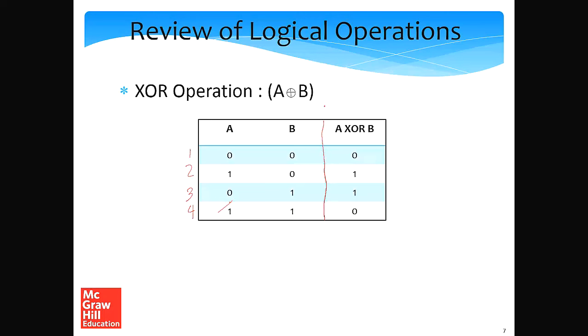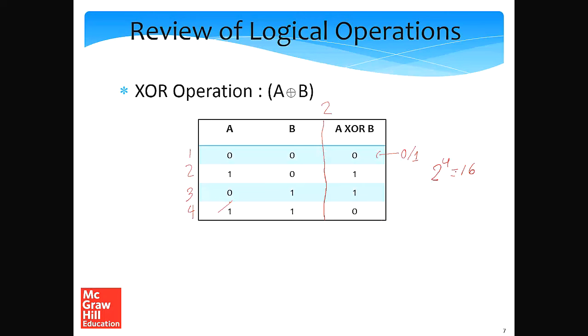In this case we have two variables, so we have 4 rows. For each row, the output can either be 0 or 1, so essentially we have 2 choices per row. How many total choices do we have? We have 2 to the power 4, or 16 possible truth tables, or 16 possible functions we can build with 2 variables. And the XOR function is one such function.